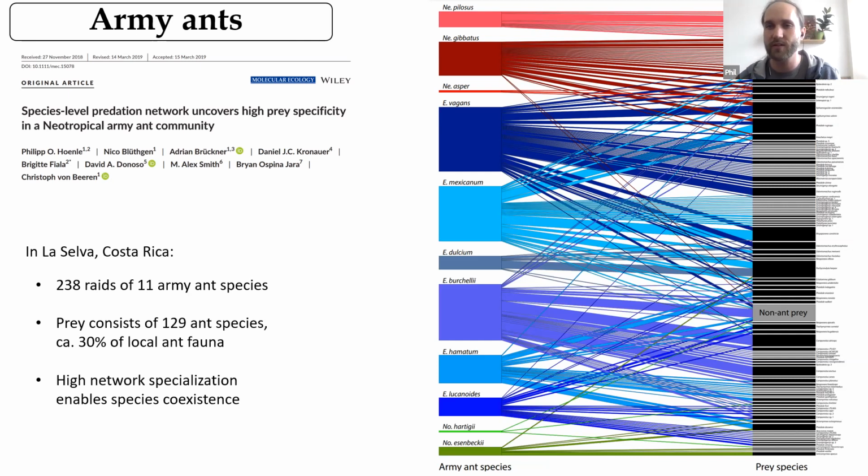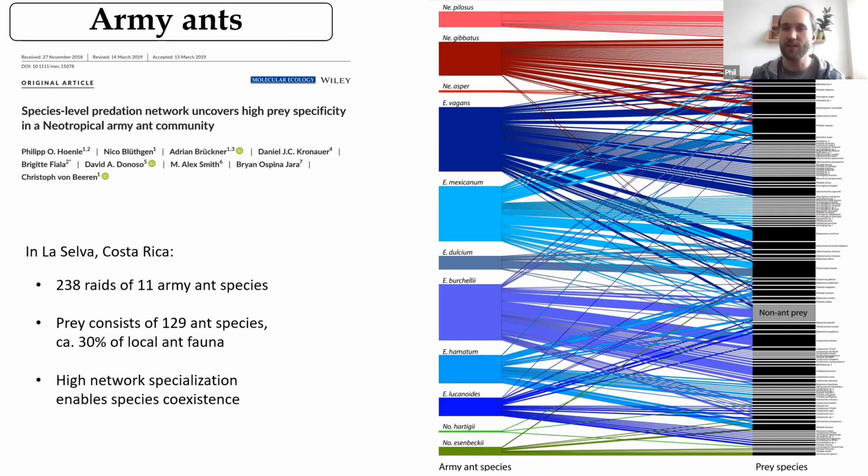Prey items that made up non-ant species are also marked in this graph. It's a tiny bar, and it's actually only or almost only found in Eciton burchellii, which is in this case the only swarm raiding species. But even though it's such a famous swarm raiding species, they still get a lot of prey from ants as well.